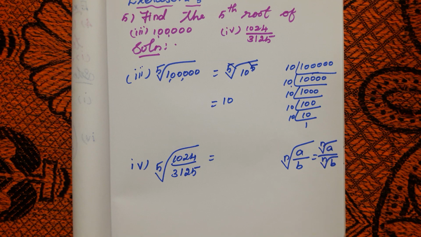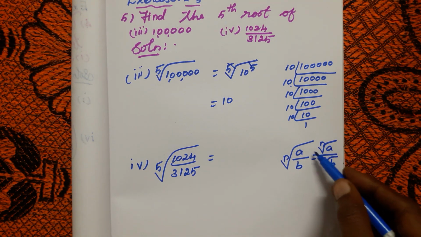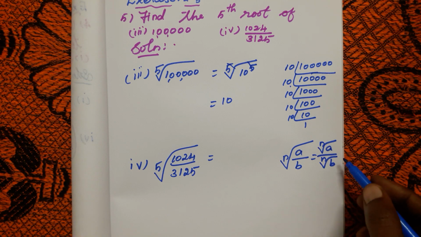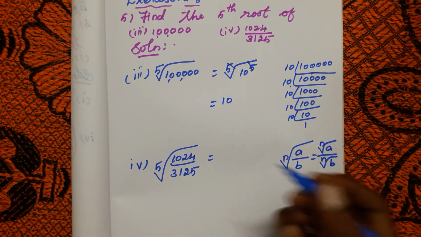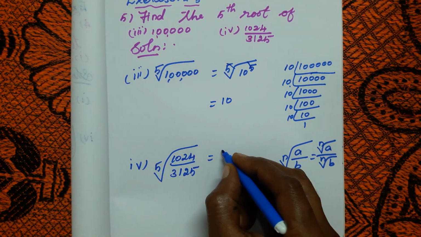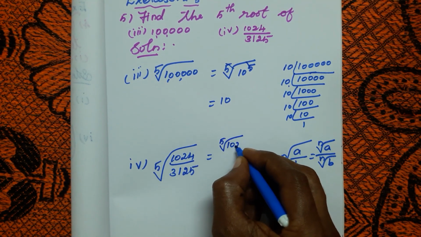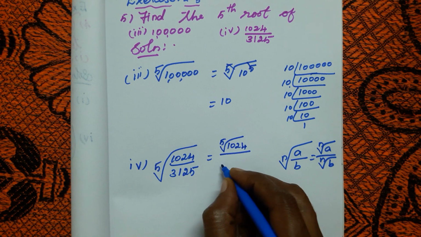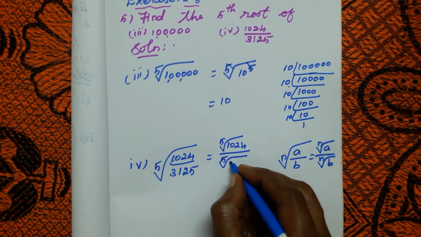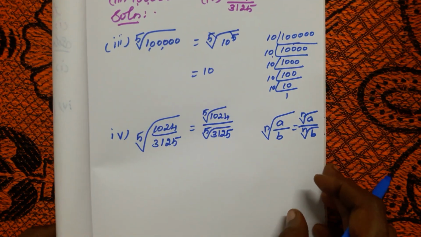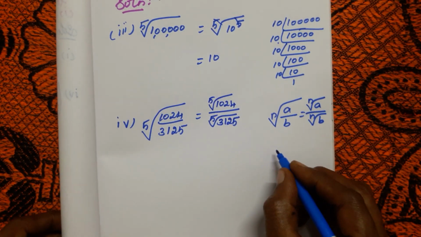Is it correct? When we are using this, we can write it as fifth root of 1024 by fifth root of 3125.